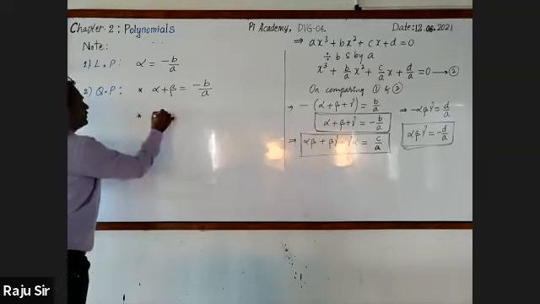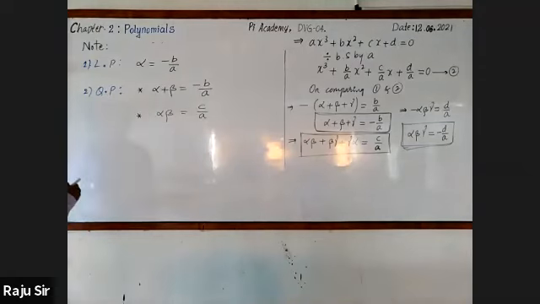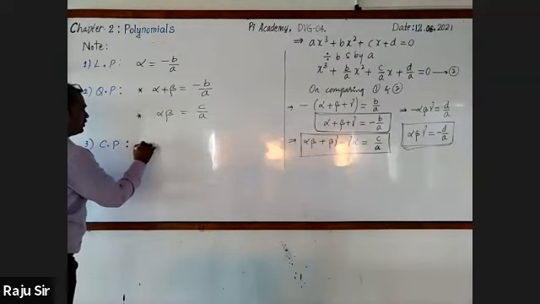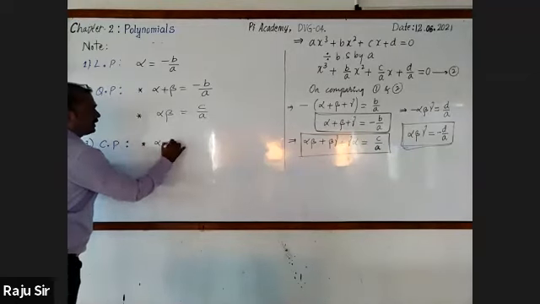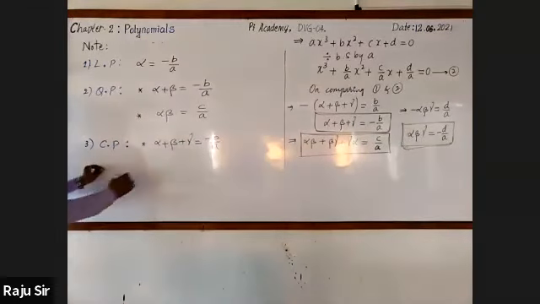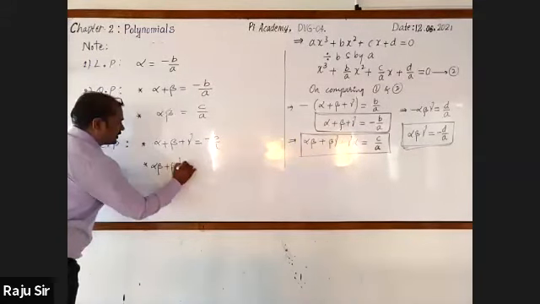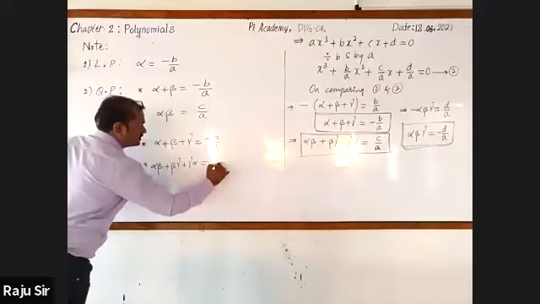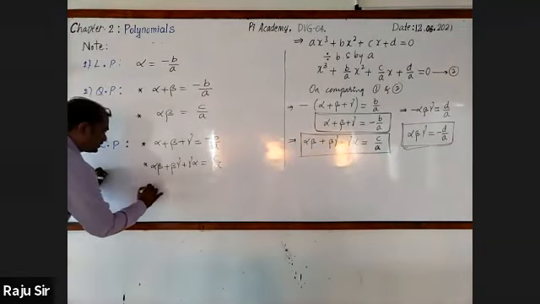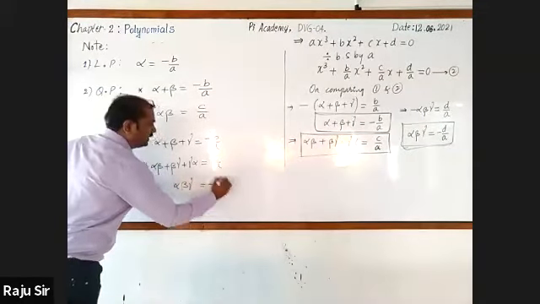Then another relationship, alpha into beta equal to c by a. Third, cubic polynomial. In that there are 3 relationships. One is alpha plus beta plus gamma is minus b by a. Next, second relationship, alpha beta plus beta gamma plus gamma alpha is c by a. Next, third relationship, alpha into beta into gamma is minus d by a.